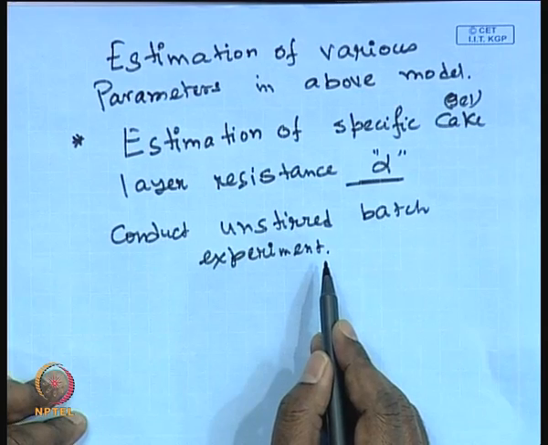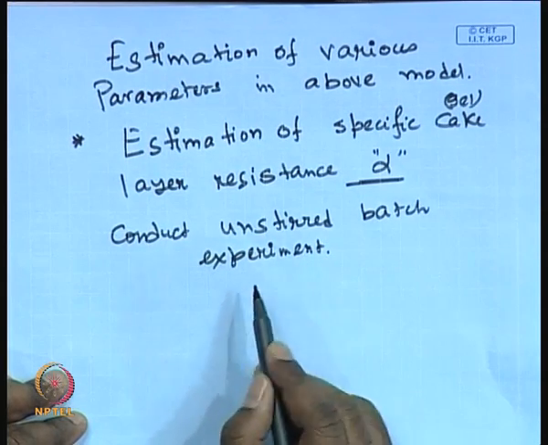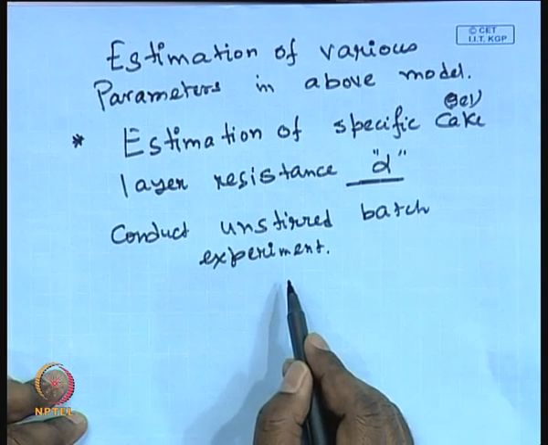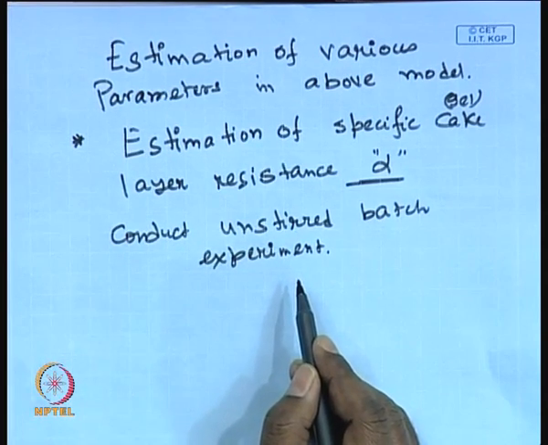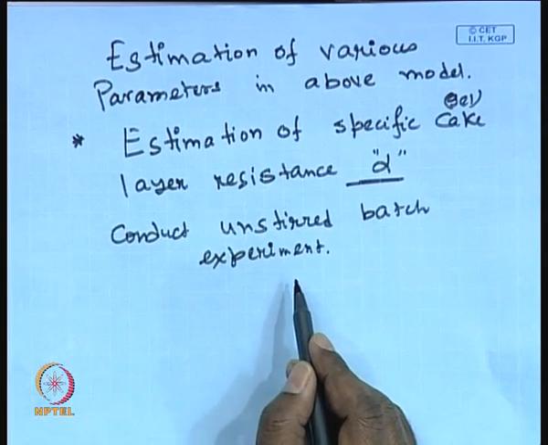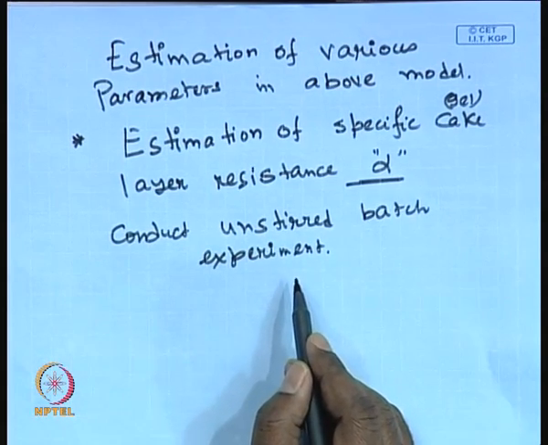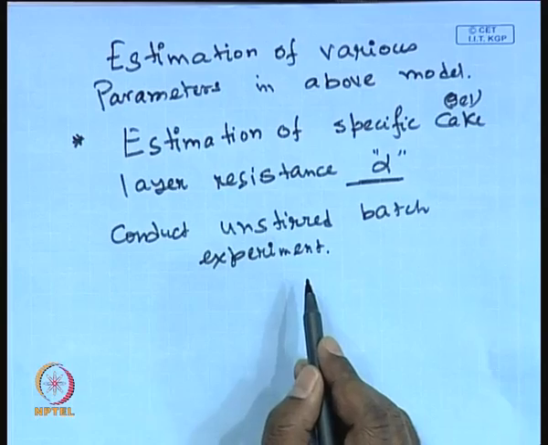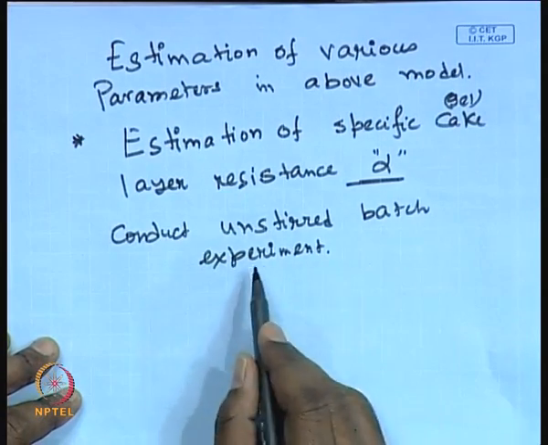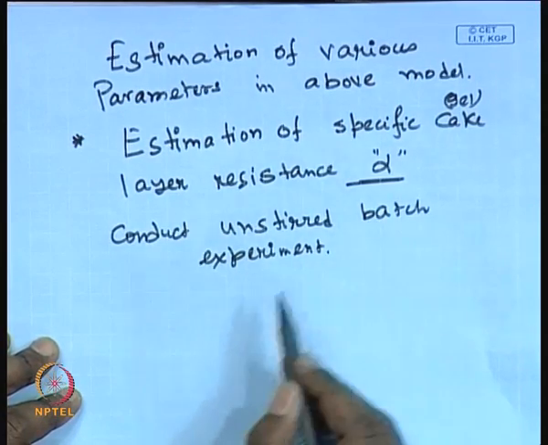It is a cell. It's a cylindrical cell where you just feed the material, set the pressure by using a nitrogen cylinder or something, and let the system go as it is and measure the permeate flux. You need not control anything anywhere. So, it is the simplest experiment in any laboratory. Okay. So, conduct an unstirred batch experiment to estimate the value of alpha.